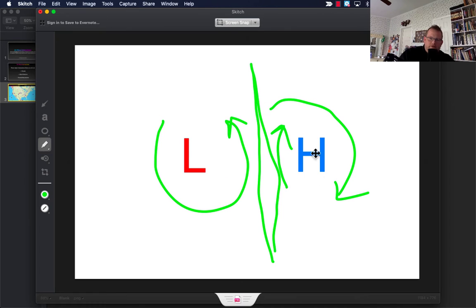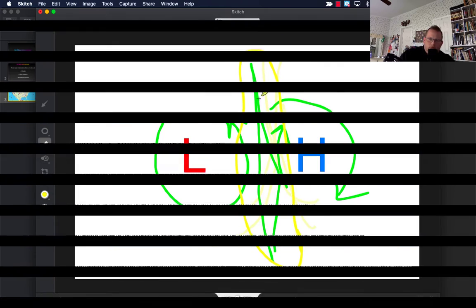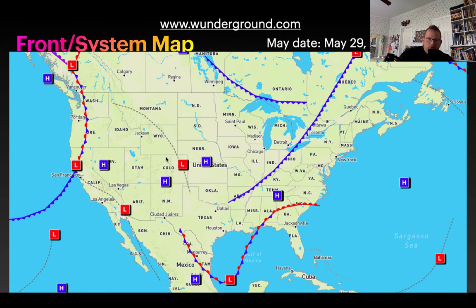You've got this wind circling around this way. And right in here, you're going to have high winds because you got the wind circling here and you got the wind circling here, which means that all this air is being pushed through this little tunnel here. So you've got a tunnel here.